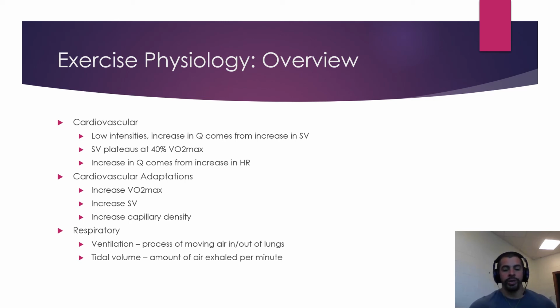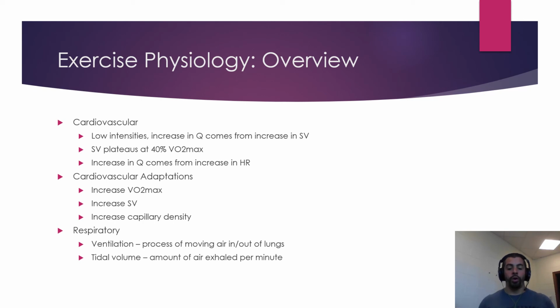Cardiovascular adaptations include an increase in VO2 max, an increase in stroke volume. Stroke volume is the amount of blood pumped per beat. What typically happens, as you start a chronic adaptation, is that our heart actually gets thicker.